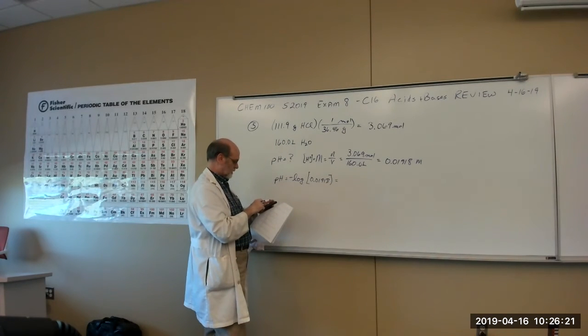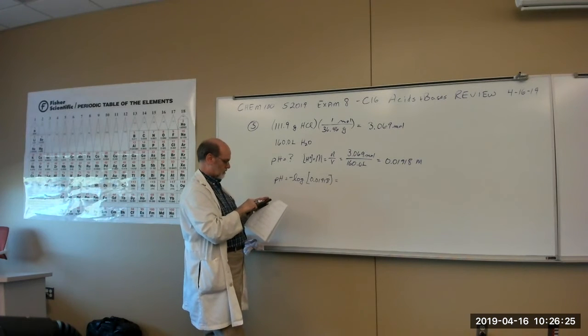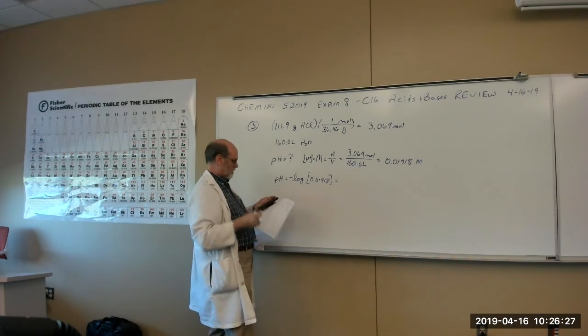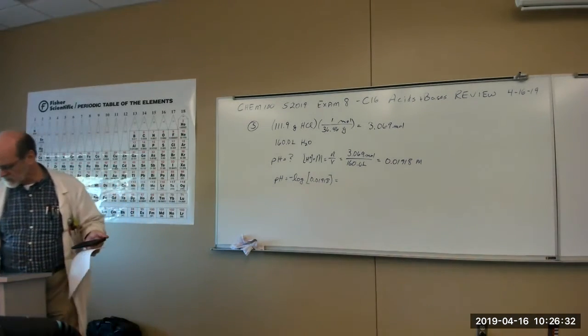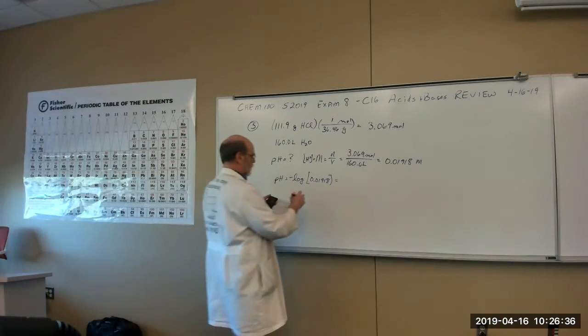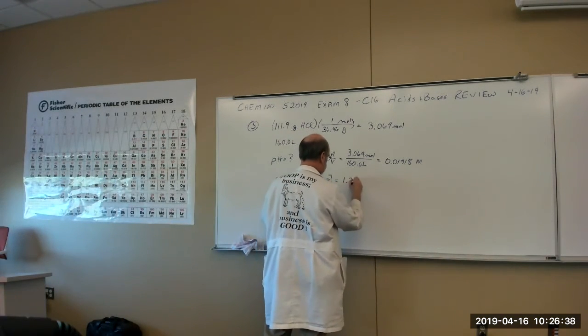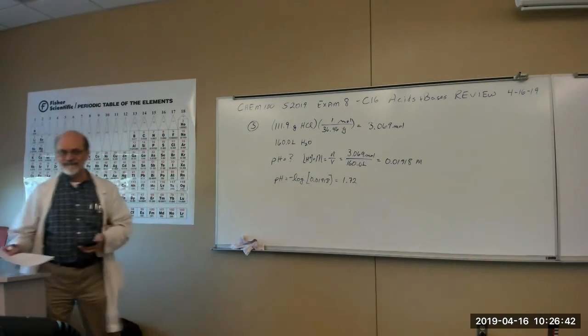Let's see, log, and then negative. 1.7. Oh, round it off. 1.72 pH. Okay?